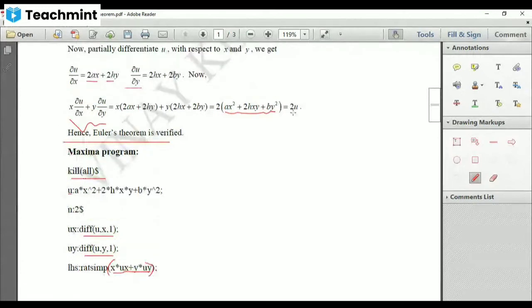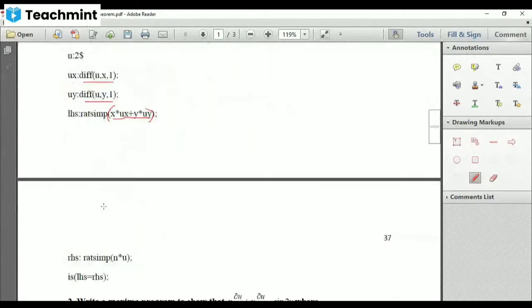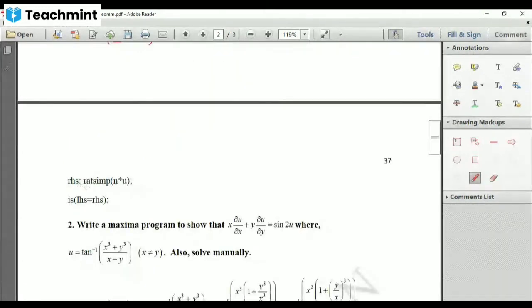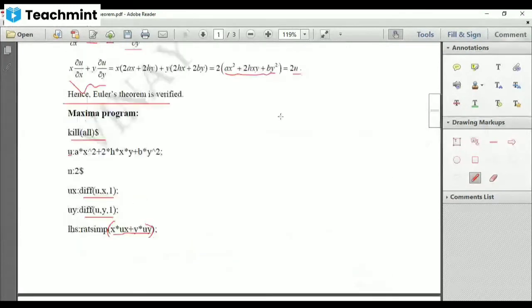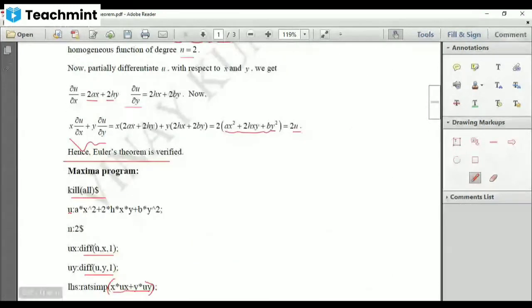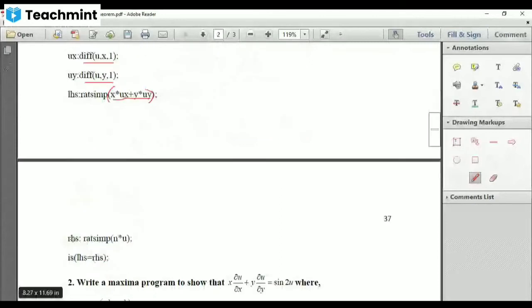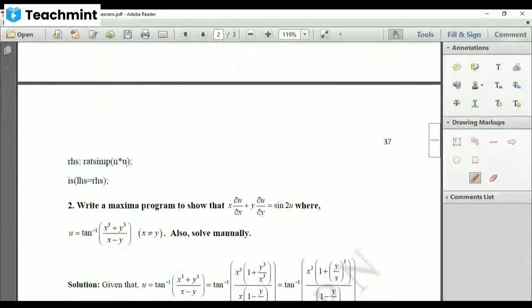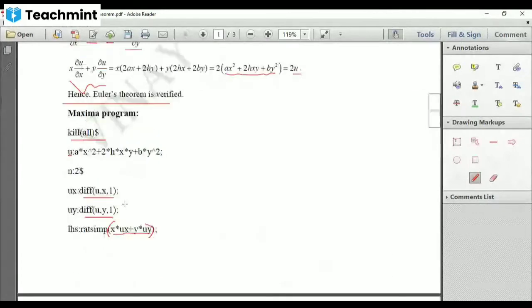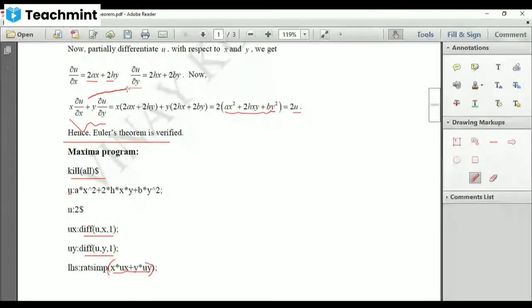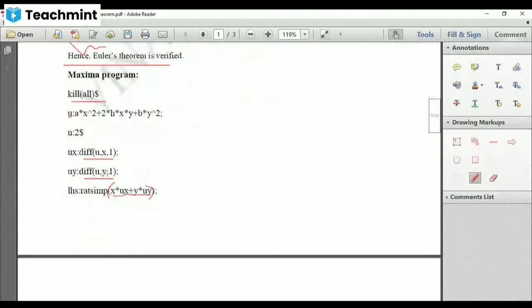Then what is your right hand side? 2 into u. So RHS colon ratsimp of 2 means n. 2 means what? n. So n into u. Right hand side we are storing it as n into u. Now Euler's theorem says these two should be equal. Am I right? LHS should be equal to RHS. Let us verify.